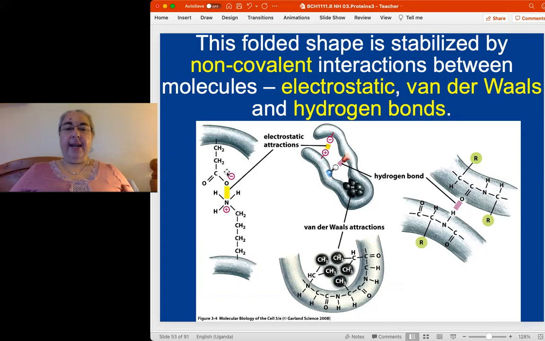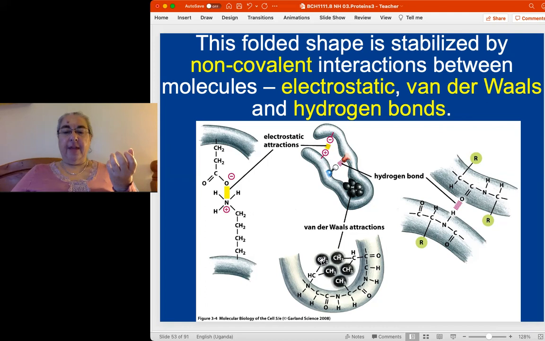And similarly, electrostatic interactions, attractions between positive and negative charges on different amino acid side groups. Okay, so each of these bonds, if you like, is a weak bond. They're non-covalent bonds, electrostatic bonds, hydrogen bonds, and also van der Waals attractions between large functional groups.